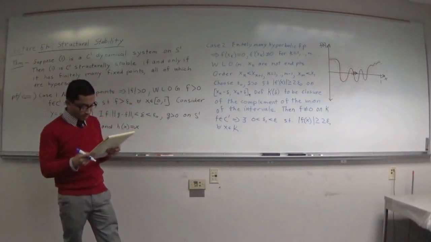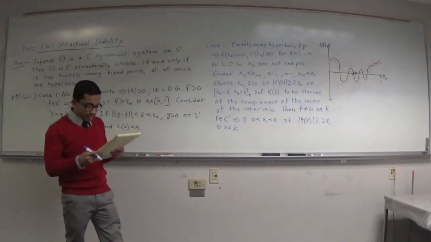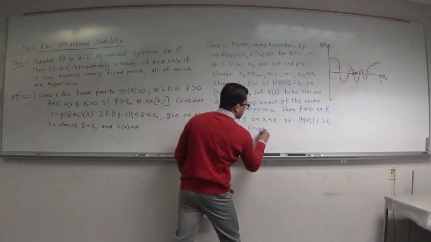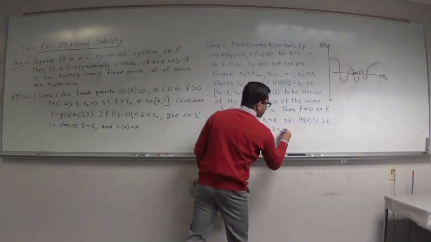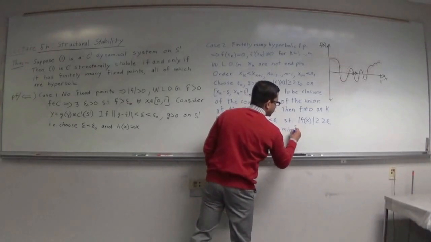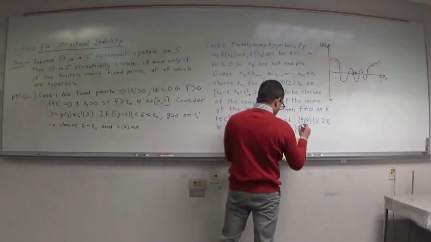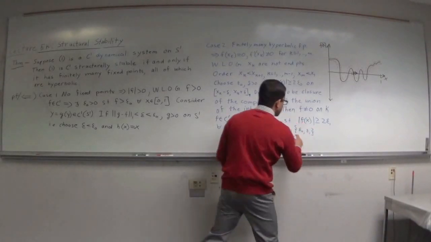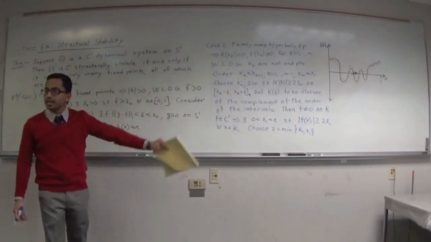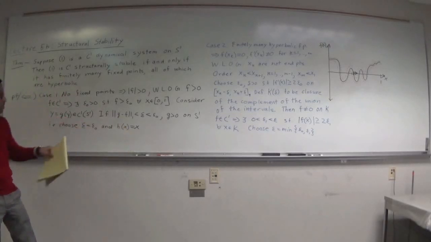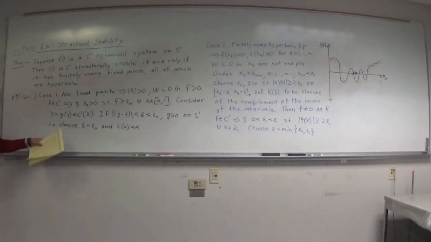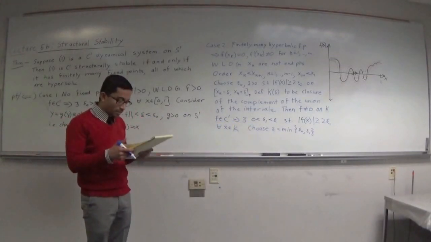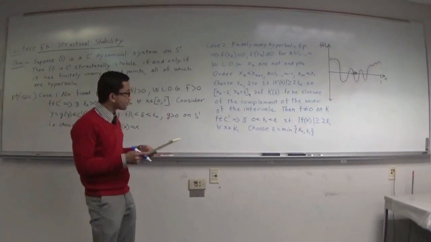So we have to do all this setup in order to choose our epsilon. Here it's a bit more difficult to choose it, so we're going to choose our epsilon to be the minimum of epsilon 1 and epsilon naught.